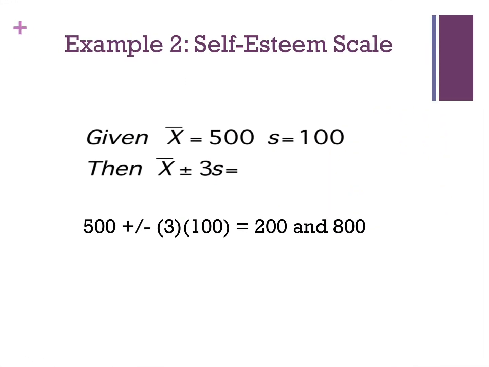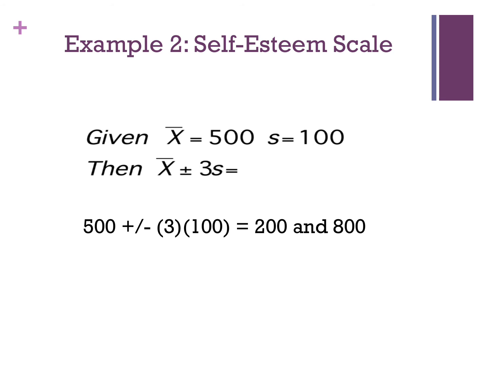Example 2 is a self-esteem scale. A psychologist creates a long diagnostic inventory to measure self-esteem and administers it to a norming sample. For the students in the norming sample, the mean self-esteem score is 500.